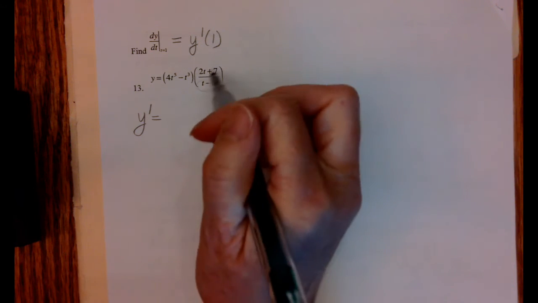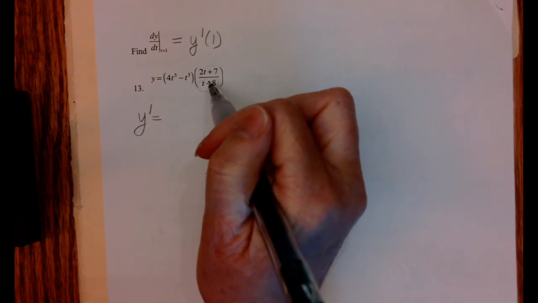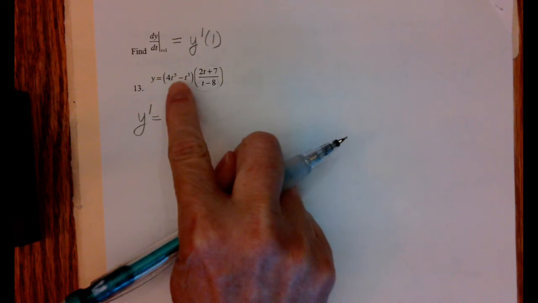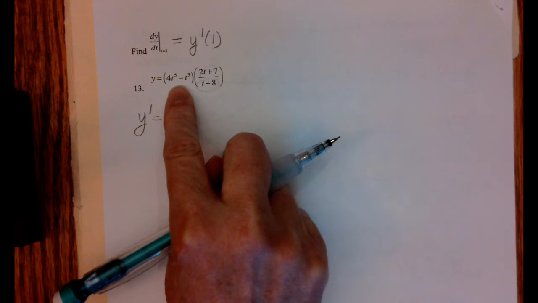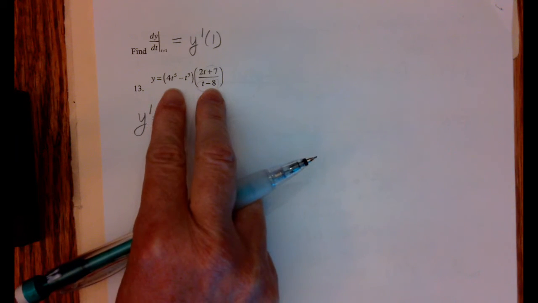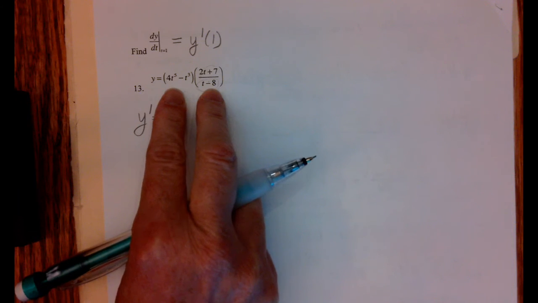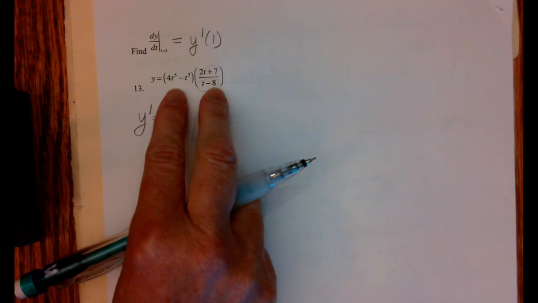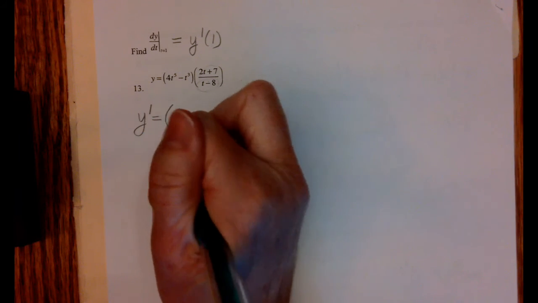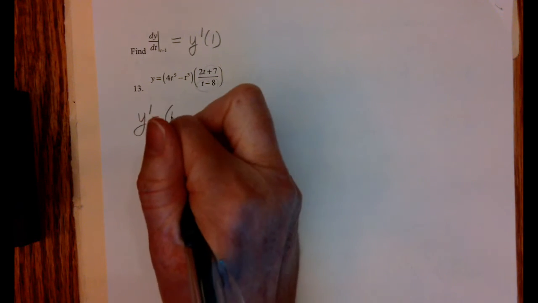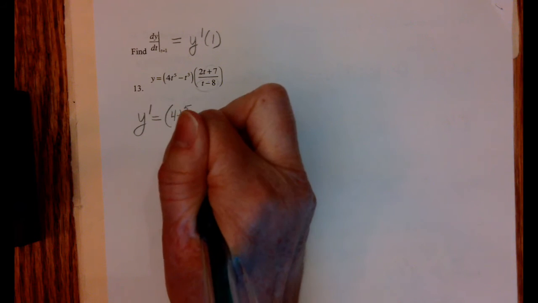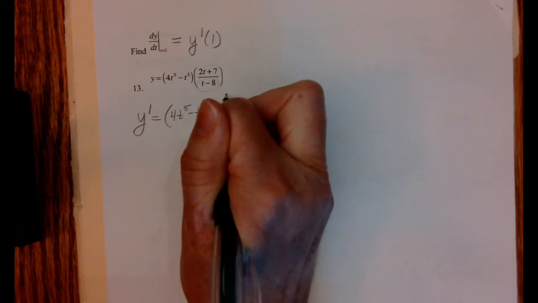Because the quotient is one factor and that quotient is being multiplied by a polynomial, this is going to be a product rule because you first must have a product and the quotient is only one of those two factors. How that works, I keep the first one as is and I'm deriving the second.